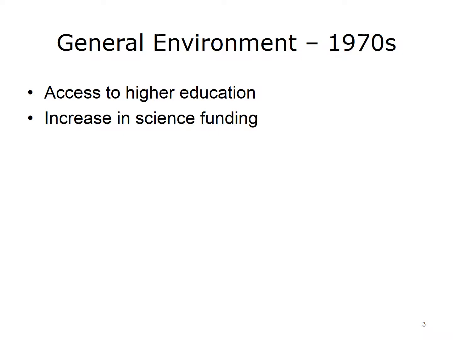During the 1970s, we saw not only increased access to higher education, but also increases in science and education funding. This was related to the perceived need to improve our science education in order to compete with the Russian space program.